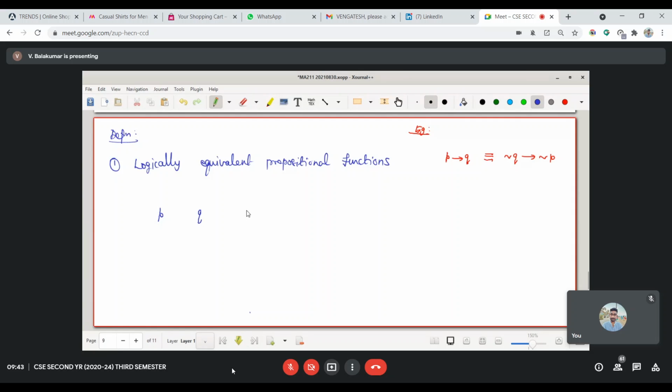P, Q. I want to check P implies Q. Not only this, I need a not P and a not Q also. Then I want to check this, and also not Q implies not P. These many things I want to check. I want to check whether this left side expression and the right side expression, the connected propositions, have the same truth table or not.